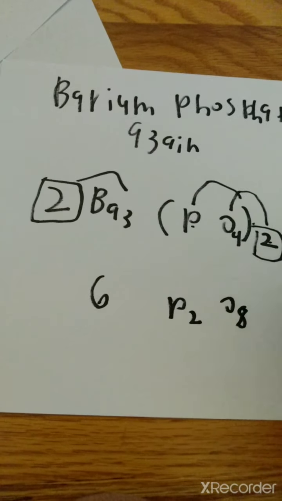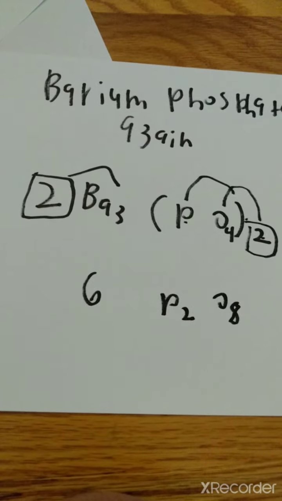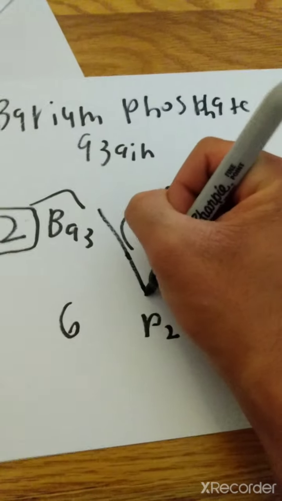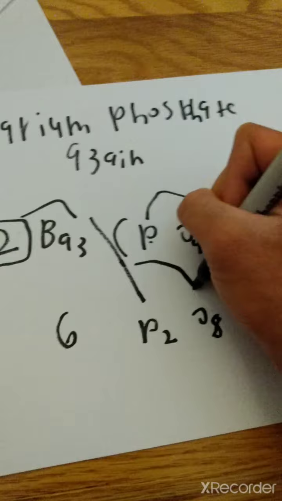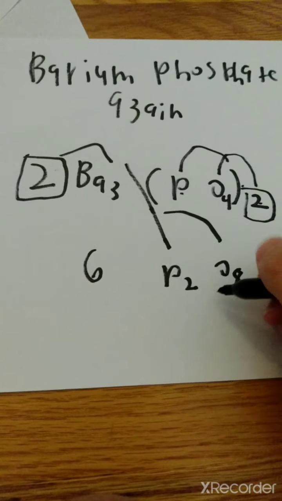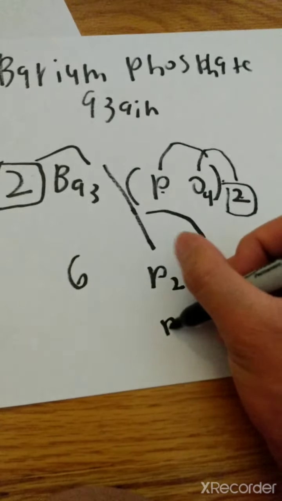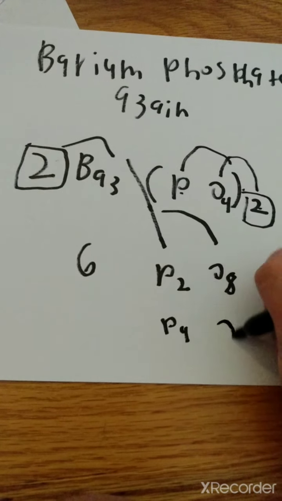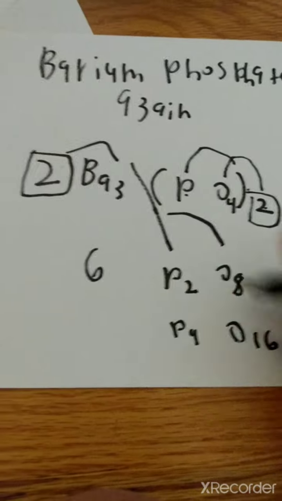Now we multiply that coefficient by 2 for phosphorus, and by 8 for oxygen. So 2 times 2, phosphorus now has 4 atoms, and 2 times 8, oxygen has 16 atoms.